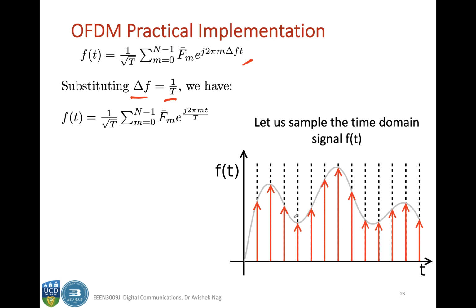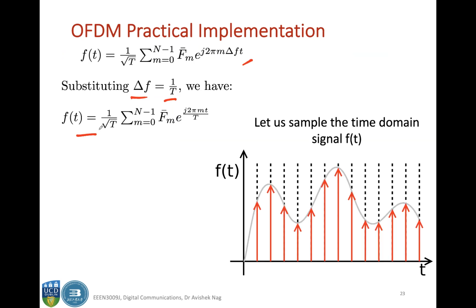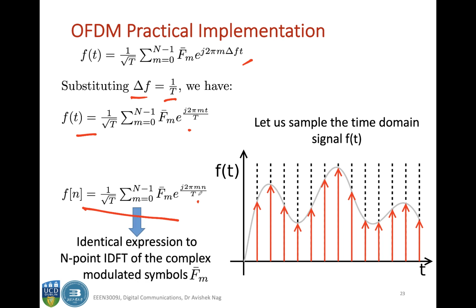If you sample the time domain signal f(t), which is given by this, then you will get these samples, which is this signal sampled at regular intervals. So this is the expression of f_n, which is the time domain sample.